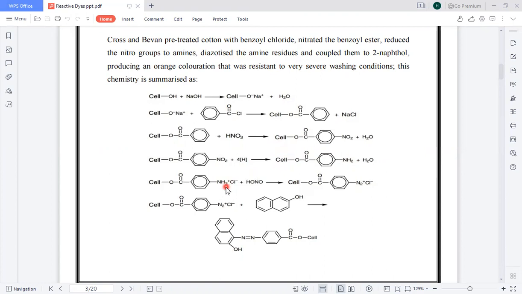A diazotized compound is one in which the nitrogen is doubly bonded to another nitrogen atom. The amine is diazotized and then coupled with 2-naphthol to form the reactive dye. That was the first pioneer work of Cross and Bevan in the reactive dye development.